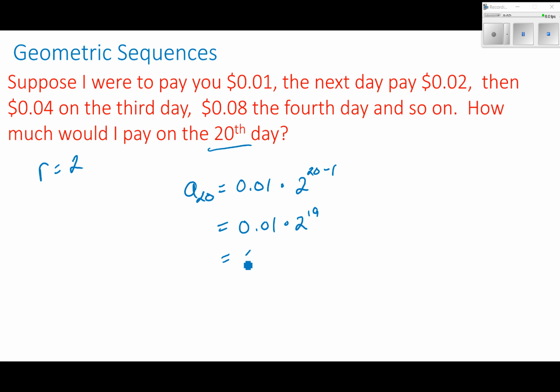If I work this all out, it would end up being $5,242.88. So we can see that number increases really quickly. We start out with 1 cent the first day, all the way to the 20th day. This is how much I would pay you on the 20th day.